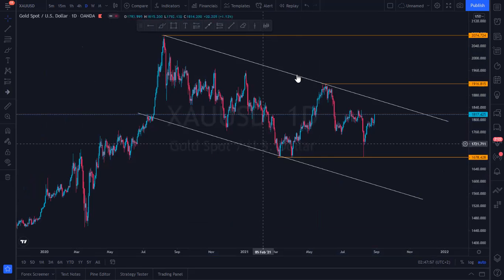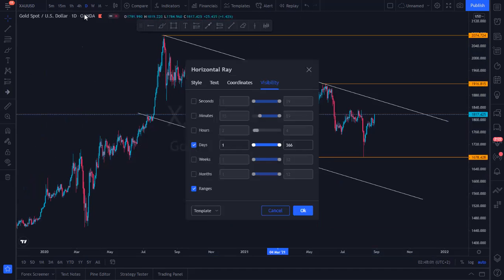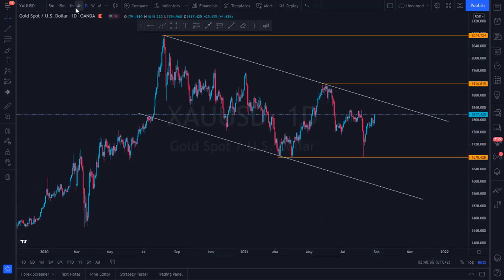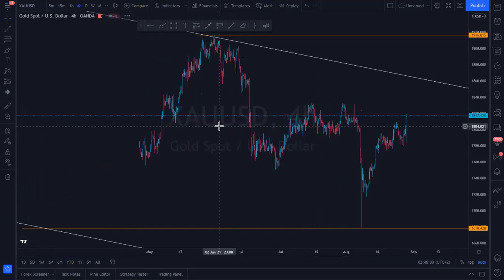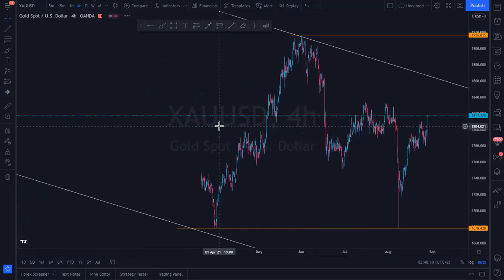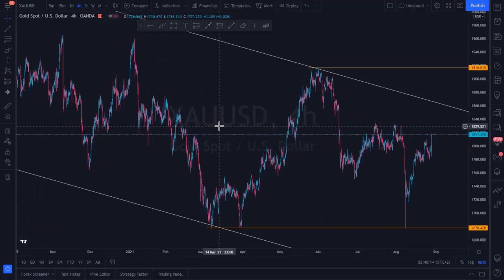Now I'm going to go to the lower time frame, the 4 hour time frame, and continue with my analysis there, making my way down till I reach 15 minutes or 1 hour where I execute my positions.